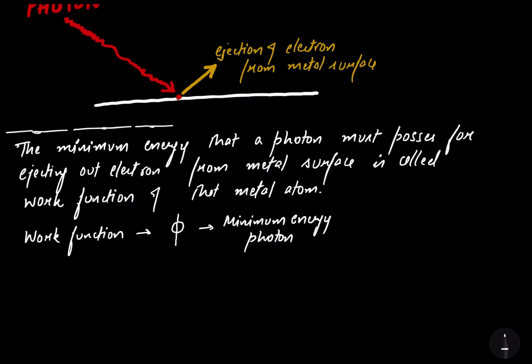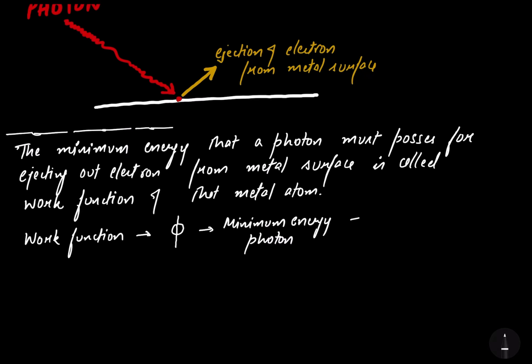And you know that the energy of photon has a formula which is equal to h nu, where nu is the frequency. Now h is a constant term, so here you can write nu naught. Nu naught will be termed as threshold frequency. Now h nu naught, what's the formula of frequency? It is c upon lambda. Now mark it as lambda naught, because h and c are constant terms. That's called threshold wavelength.